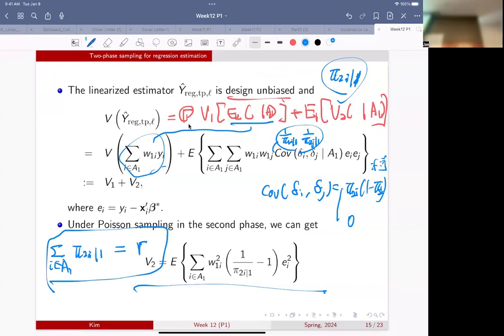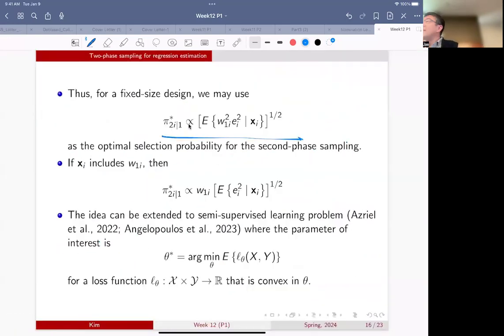Under Poisson sampling, the expected sample size is fixed at n, so this is the constraint. Minimize this one subject to this constraint. You can use the Cauchy-Schwarz inequality to obtain this one.